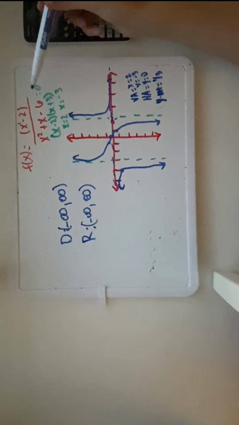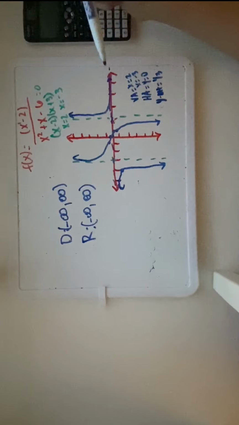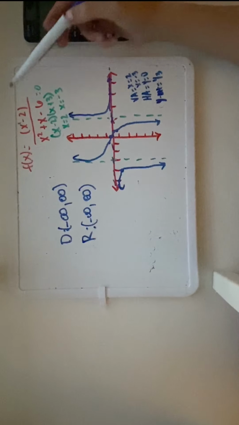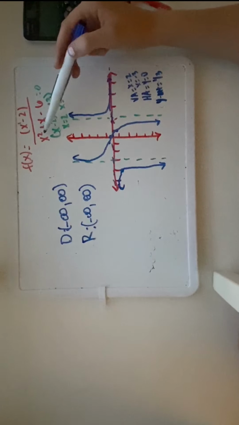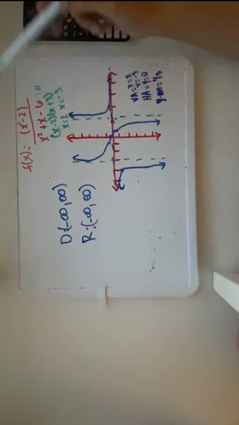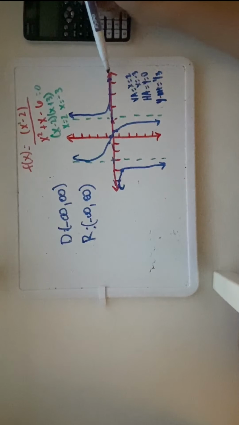So here's what we started out with. These were our vertical asymptotes, which are the green lines. We figured that if the degree in the numerator is less than the degree in the denominator, then our horizontal asymptote will always be y equals 0. So we have the dashed blue line marked here.